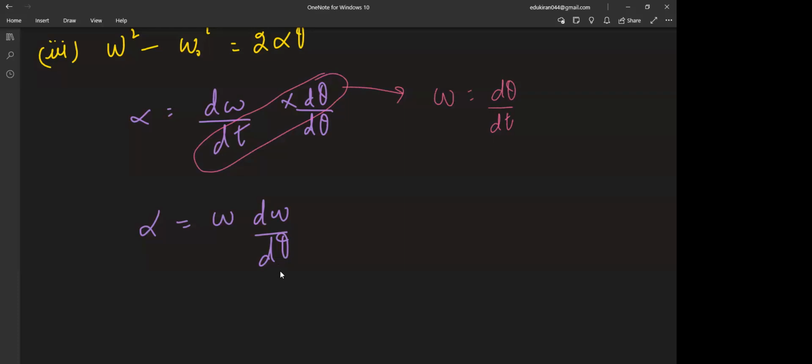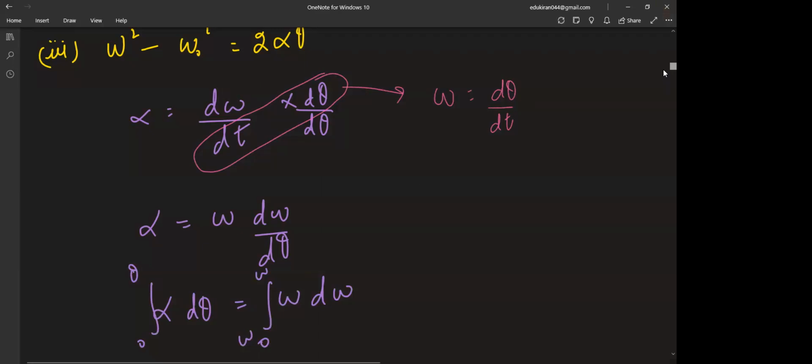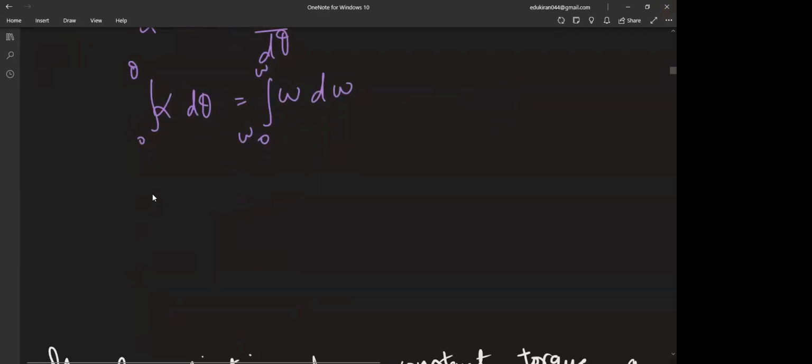Now let us just shift it there. Alpha d theta is omega d omega. Now see the variables we are considering here. We are integrating this from omega naught to omega and displacement from 0 to theta, the way we have been doing it in the previous question. Now angular acceleration, this alpha will be constant.